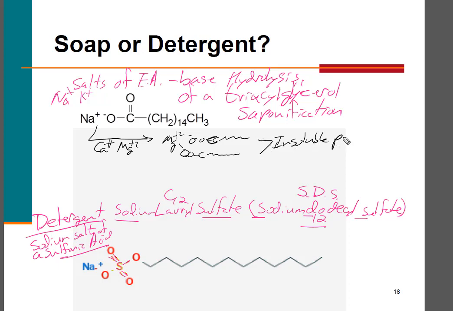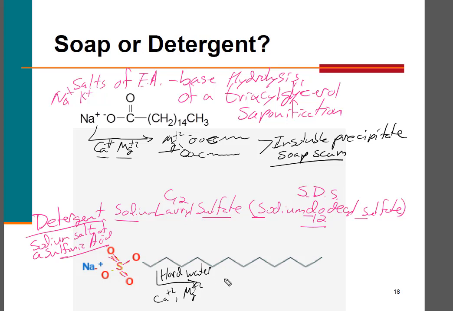This forms an insoluble precipitate with calcium or magnesium ions, and it's what we call soap scum. So if you have hard water at home, that tackiness, that sticky, filmy stuff that you feel on your skin, that's because of this soap scum that's formed. Detergents don't do this. If we were to react this, and I mentioned it but didn't write it down, hard water contains calcium ions or magnesium ions or both.